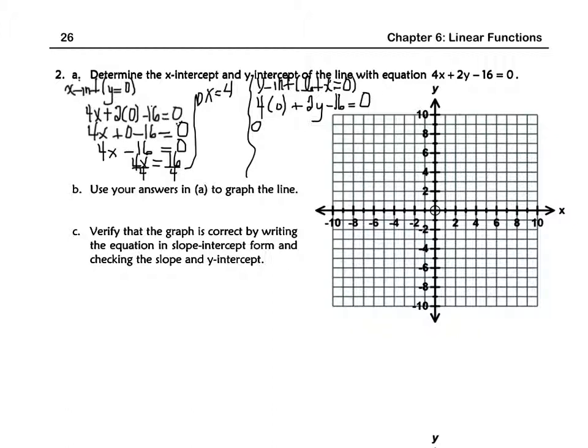So that's going to be 0 plus 2y minus 16 is 0. Isolate the y term, 2y equals 16, and then divide by 2. And you get y equals 8. So if we plot those points, x is 4 and y is 8, we can sketch our graph.